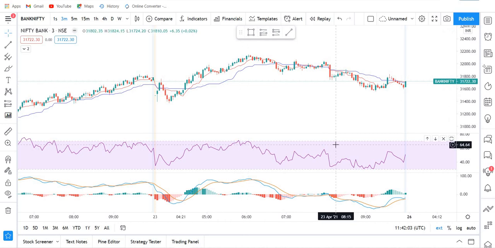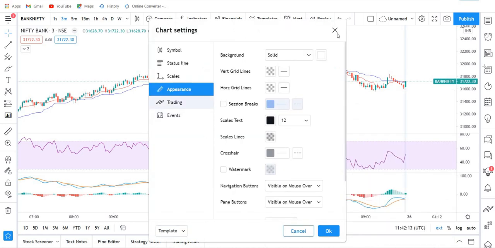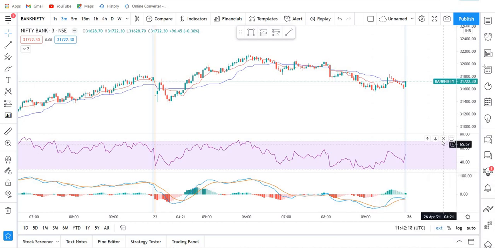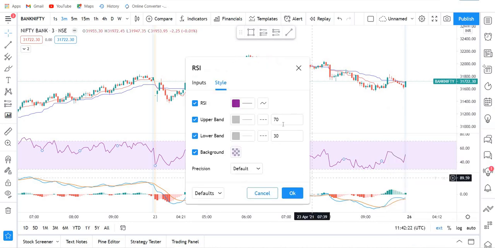Now we need our RSI with the setting of 60/40. Let me check in case it is not. No, it is not at 60, and this is going to be 40.